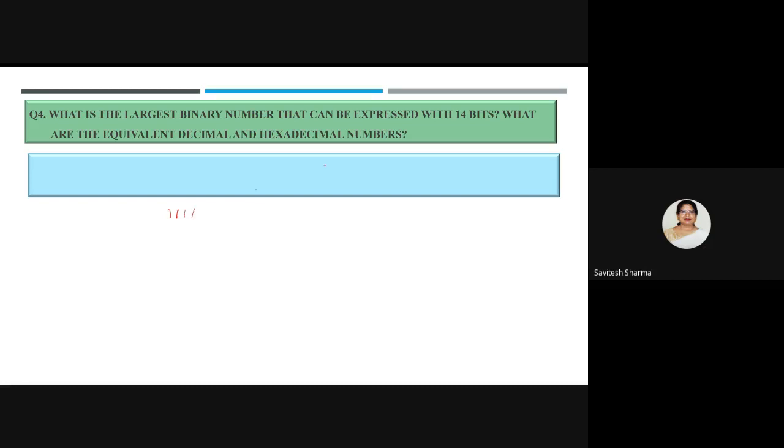The question is telling us 14 bits, so I will take 14 bits and put 1 in all of them. So this is my largest binary number that I can represent using 14 bits.